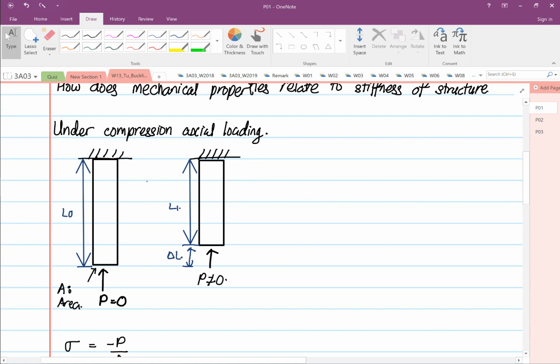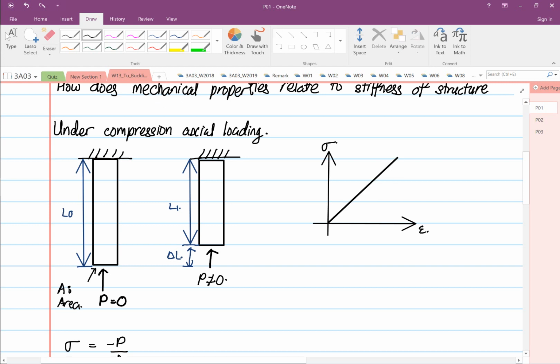Looking at Hooke's law in the elastic region, I'm going to draw the linear stress-strain relationship, because we're in the elastic region.